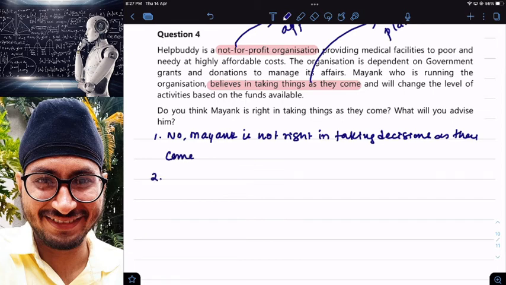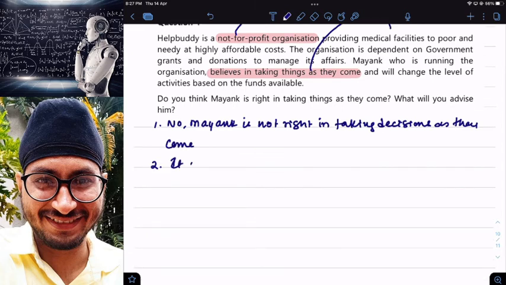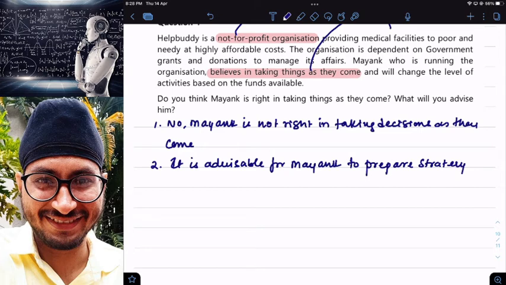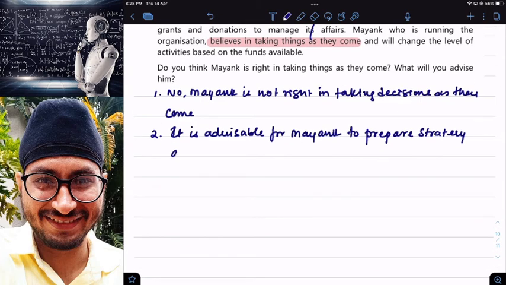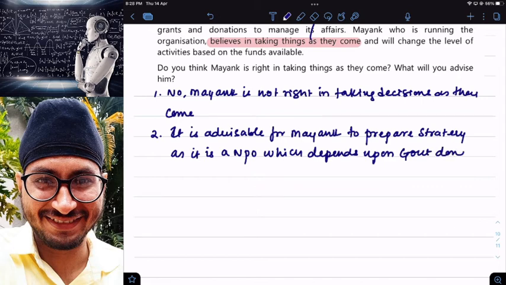Number two, it is advisable for Mayank to prepare a strategy as it is a non-profit organization which depends upon government donations and grants.